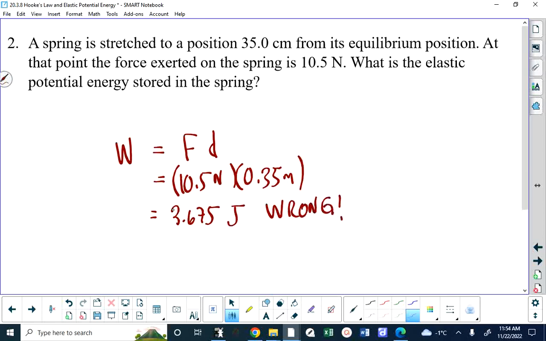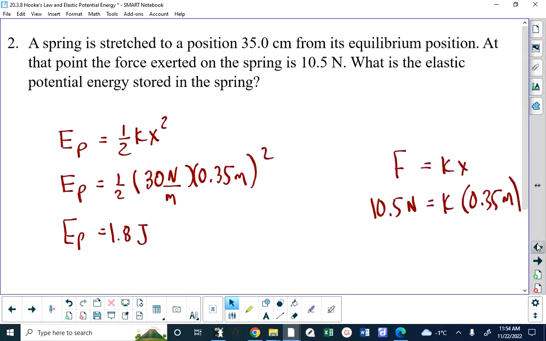Why is it wrong? I'm going to put up this wrong solution on the right-hand screen, and I'm going to put the correct solution on the left-hand screen. What's wrong with the person's thinking on the right?